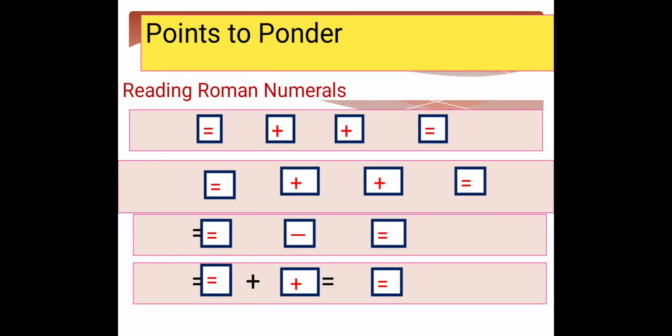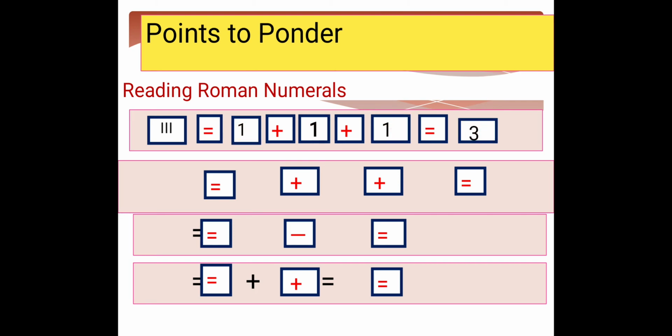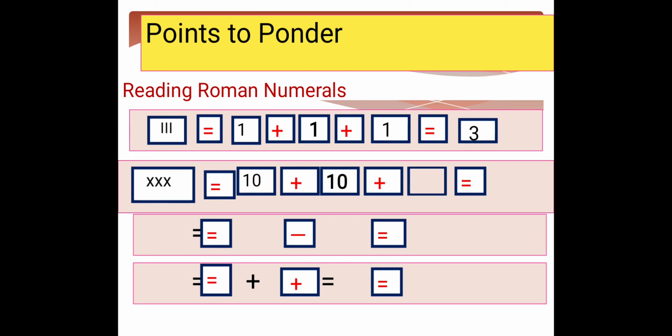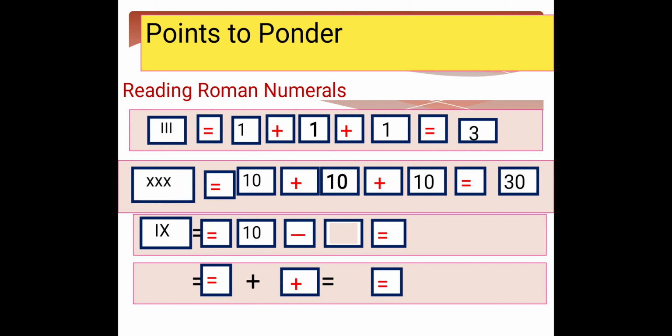So let us see. This is 1 plus 1 plus 1, 3. This is 10 plus 10 plus 10, 30. This is 10 minus 1, 9.